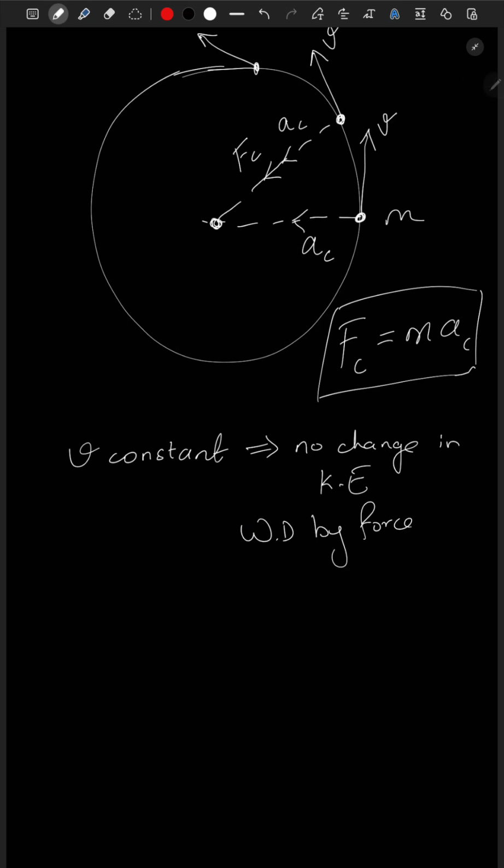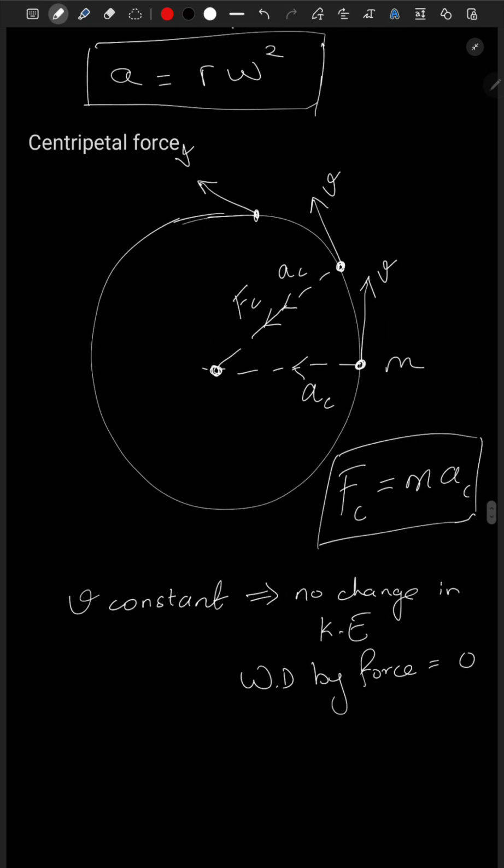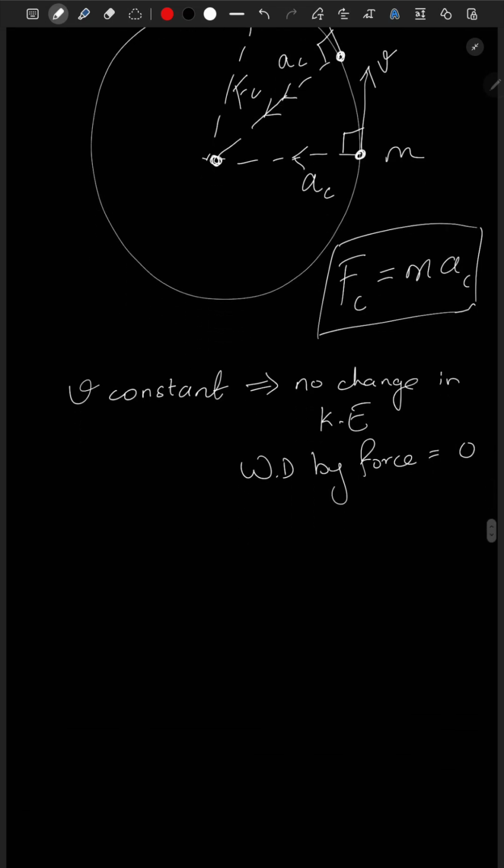So work done by the force is zero. And as you can see, the force, which is directed towards the center, and the direction of the motion are perpendicular to each other. At each point, it is perpendicular to the motion. So the motion and the force are perpendicular to each other, and therefore work done is zero.